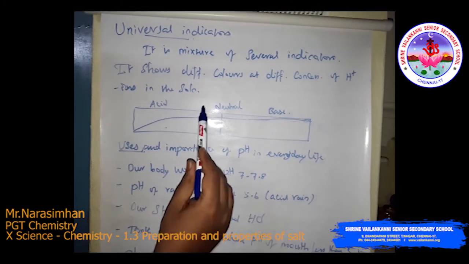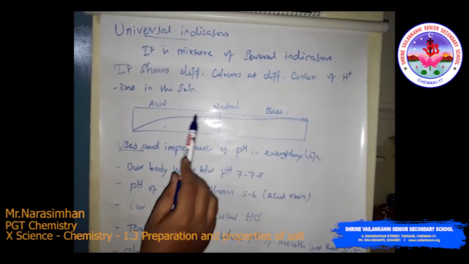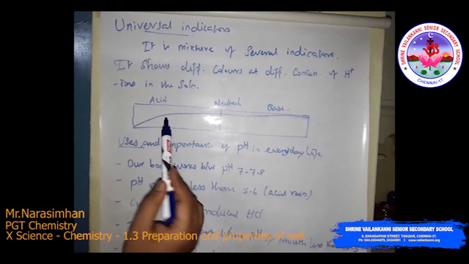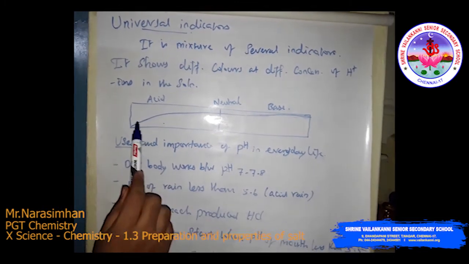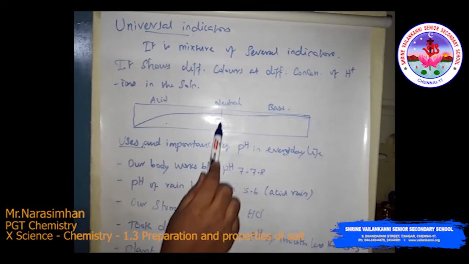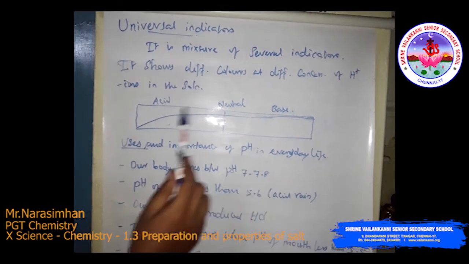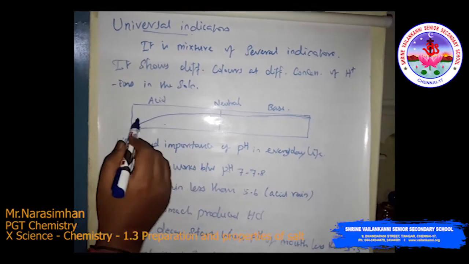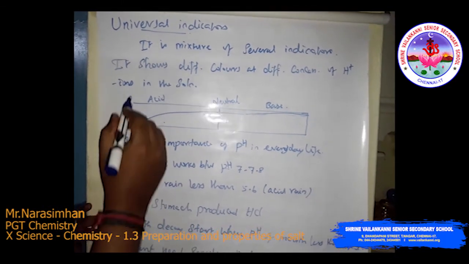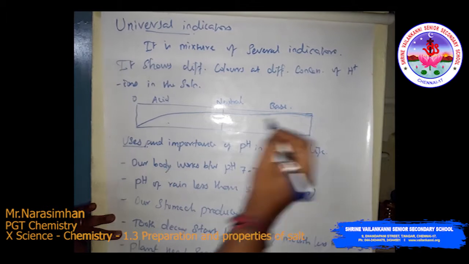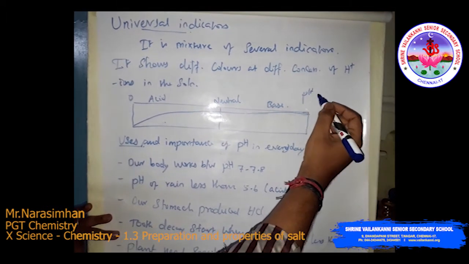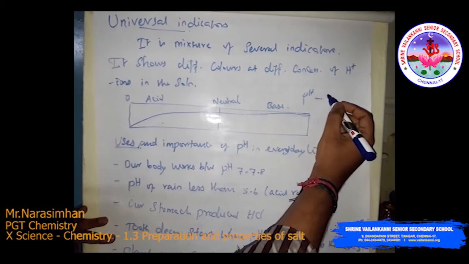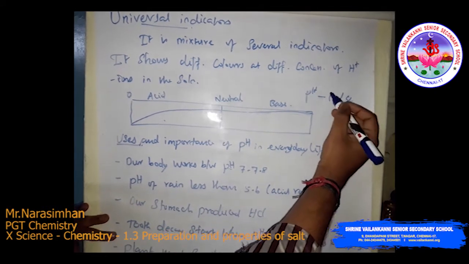See, in your NCERT, look at that diagram, where different color labels are given. This line indicates neutral, this is acid and this is base. This indicates the pH level is 0 to 14.